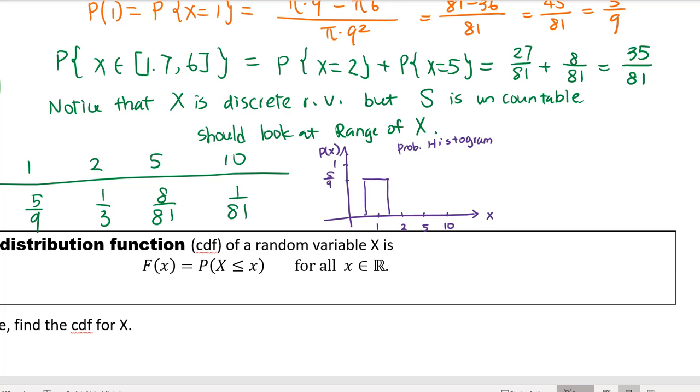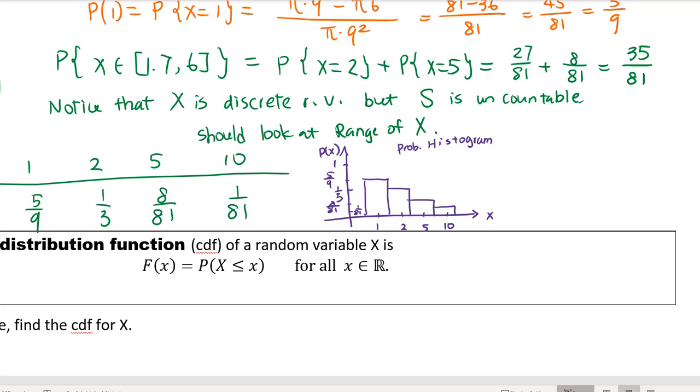And when x equals 2, we get 1/3, so 1/3 is like here. P of 5, 8 over 81, like that. P of 10, 1 over 81, like that. So this is a probability histogram.